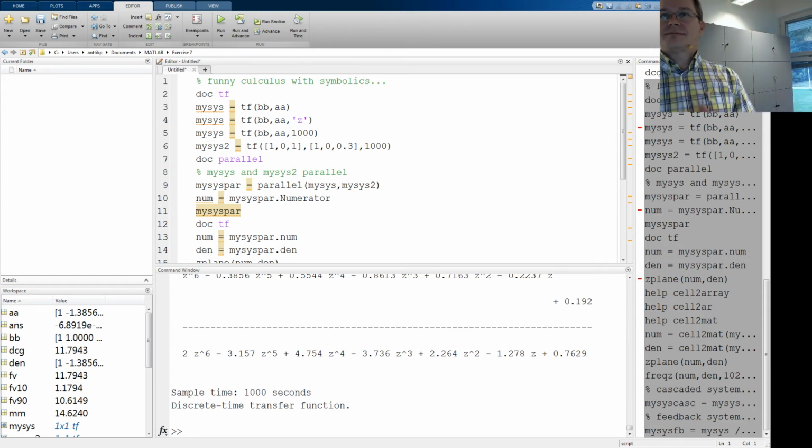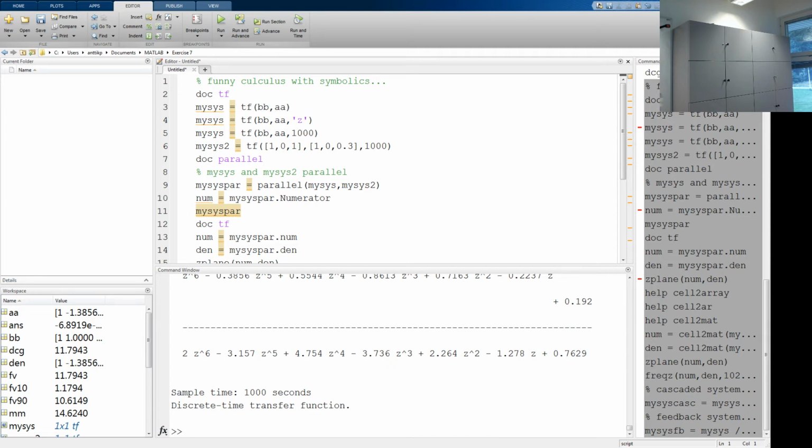Question. For calculating the systems, can we use z as a variable? I think you can. I'm not quite sure how to use the z terms in tasks.